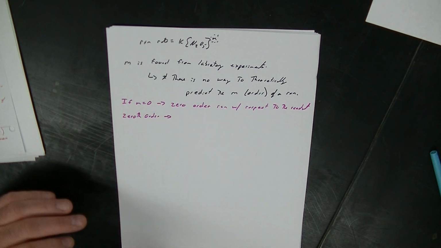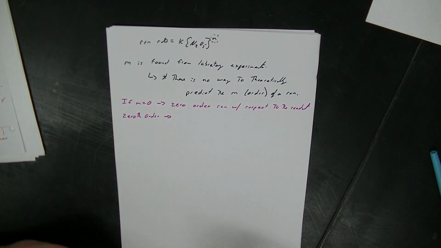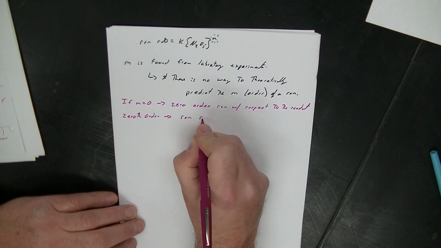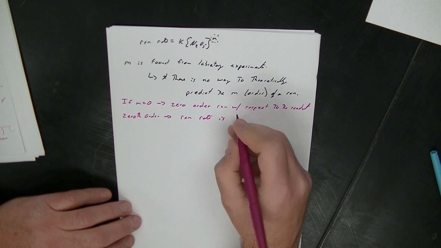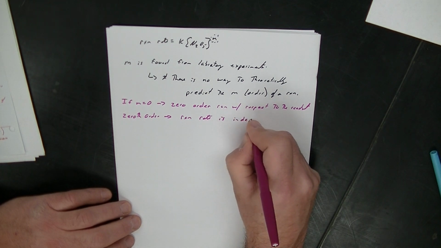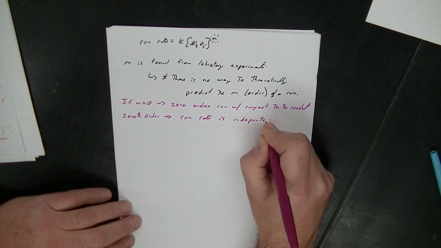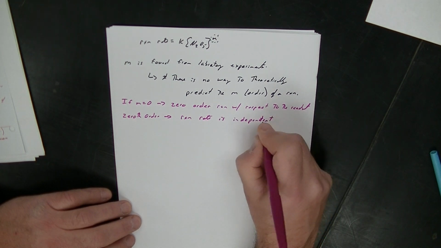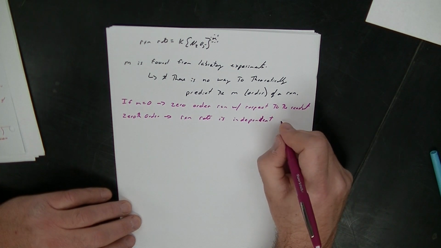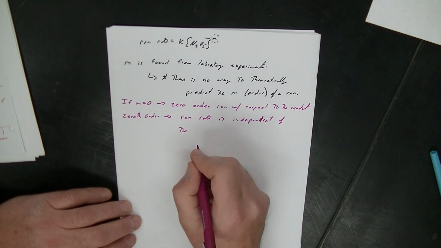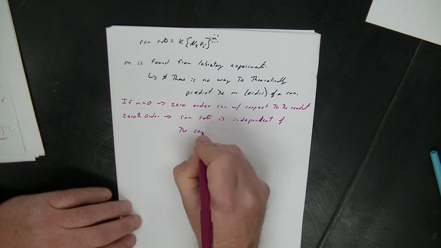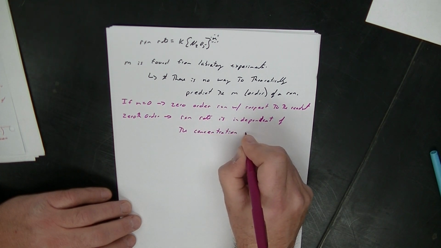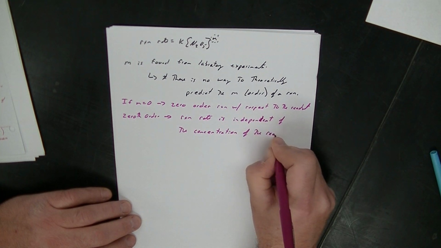Now, if a reaction turns out to be a 0 order, what that really means is that the reaction rate is independent of the concentration of the reactants.